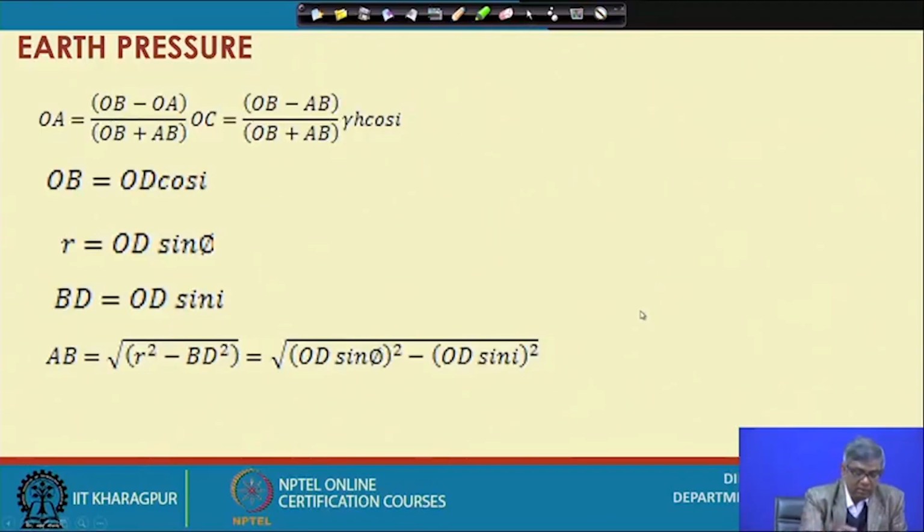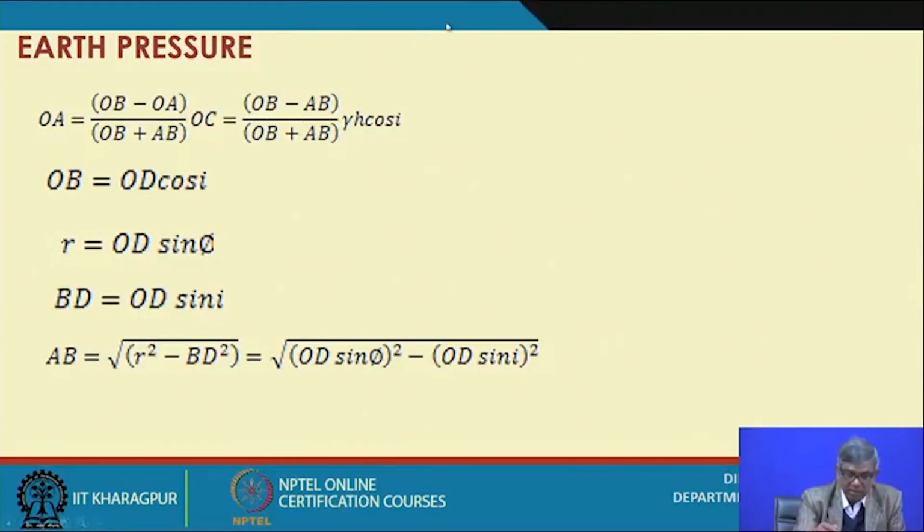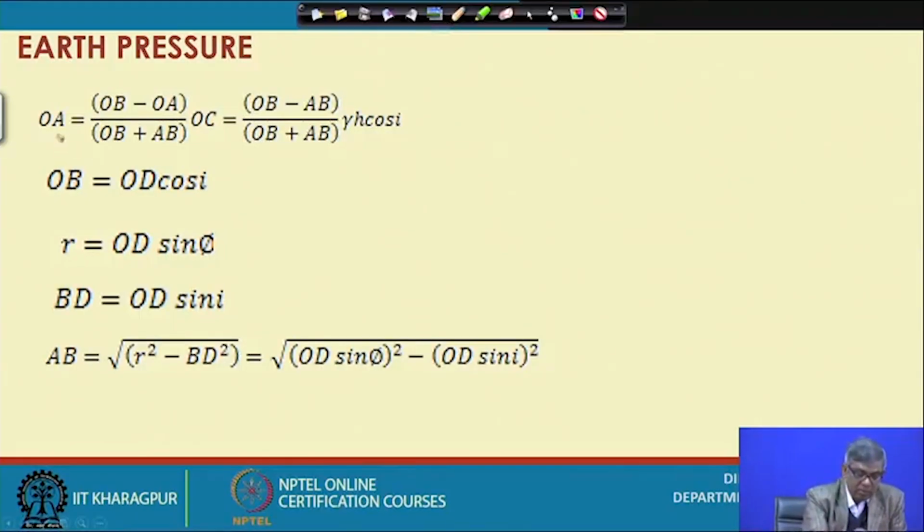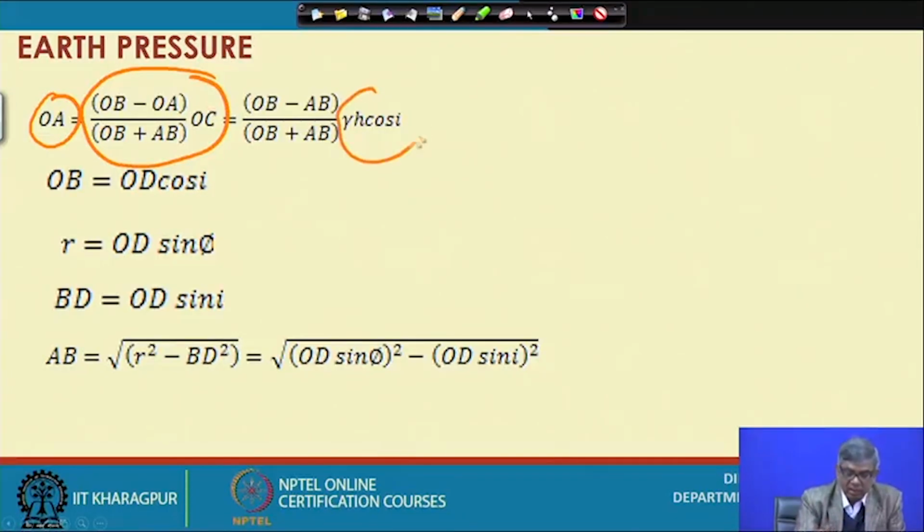If I look back at that diagram, we can express OA geometrically, and OC is nothing but gamma h cos i. OC is the vertical stress at that point, gamma h cos i. So gamma h was vertical here, but if I want to make it inclined, that component will be with cos i.